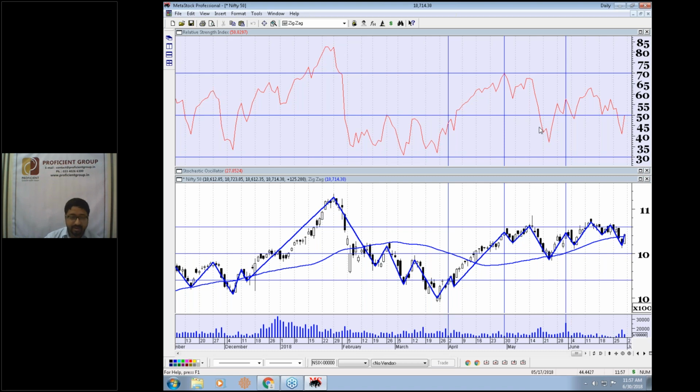The distribution phase is where the informed investors go out of the market because they cannot justify the further rise in prices anymore. They are taking their profits, and the uninformed investors, those who follow the price blindly, those who buy the stock just because it is rising, are again coming into the market, and that is the last phase of the bull market.